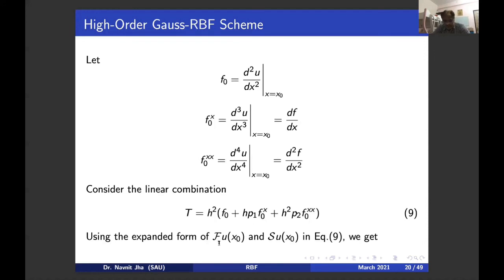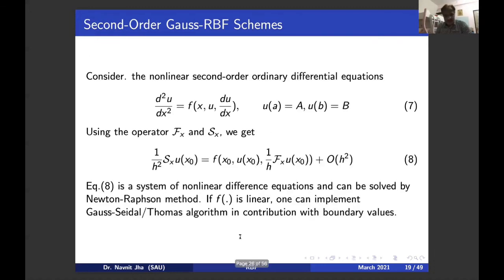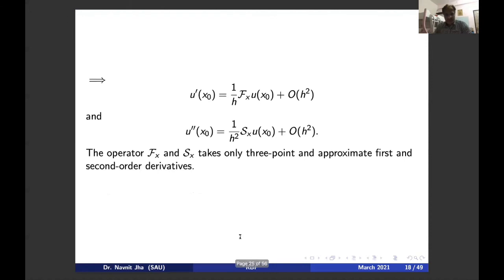Similarly, for the first derivative, F of u at x naught, although it is not required at this place, it is better to put it. So you basically have two equations. In the previous slide, I told you, in this relation you have F of u and S of u.